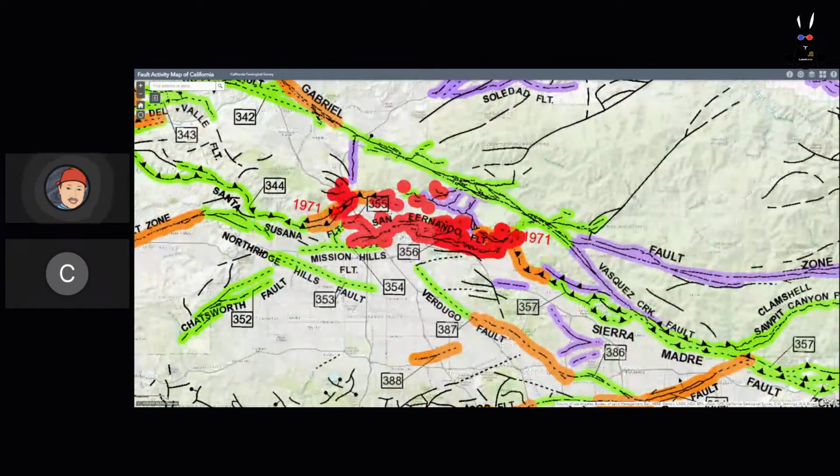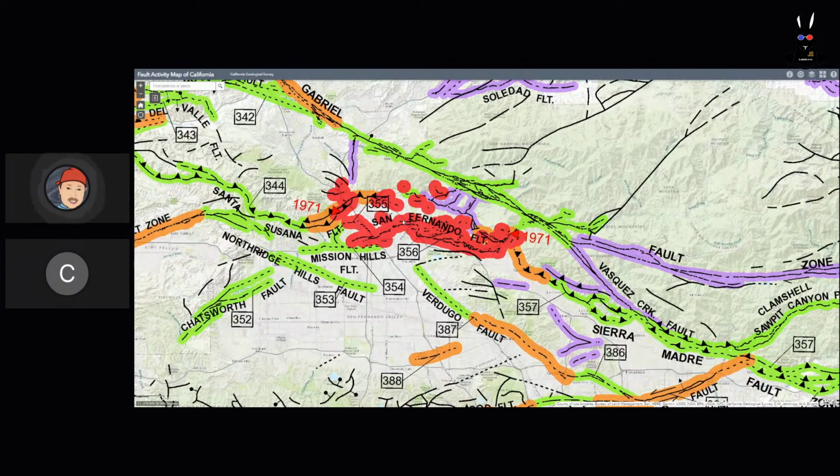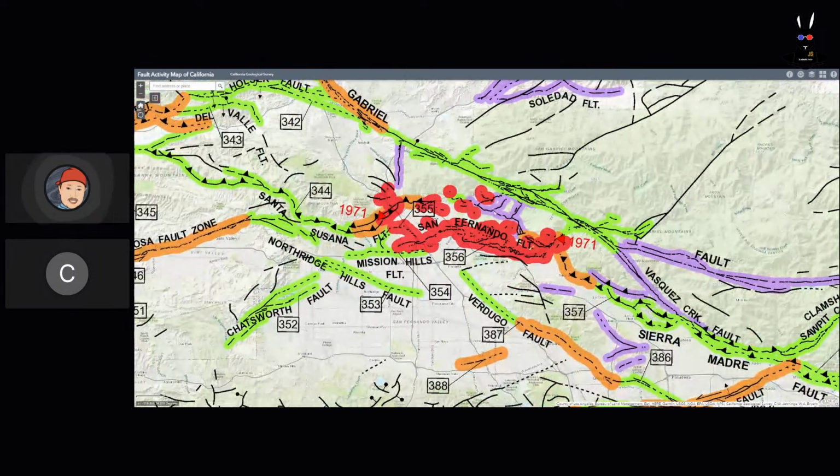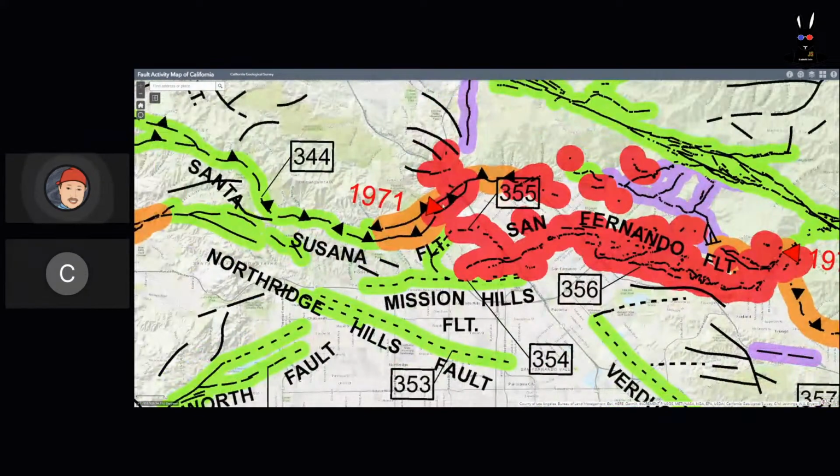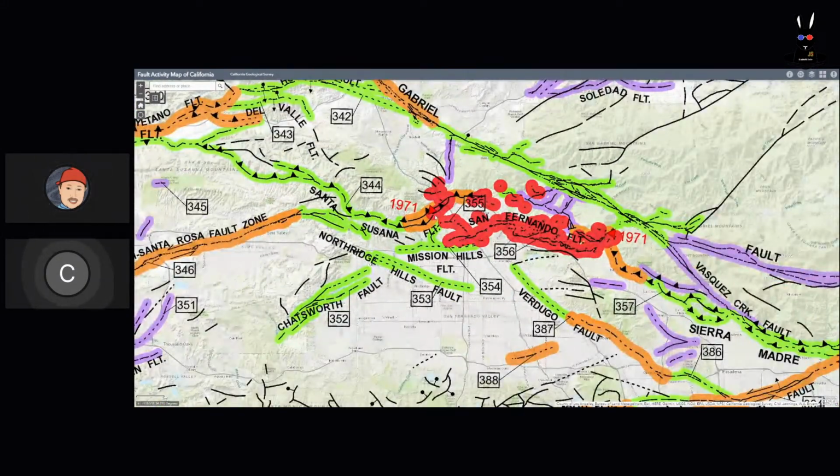And these red areas where the San Fernando is, the gas leak that happened in 2015 was in Aliso Canyon in the San Fernando Valley. So that is right there what we're talking about. And here's Sylmar, and I think it was right up in here. Well, they have it marked on there where they got 1971, I think.